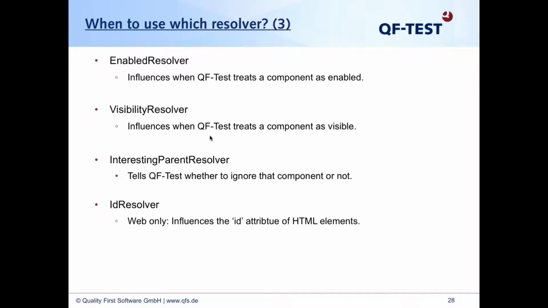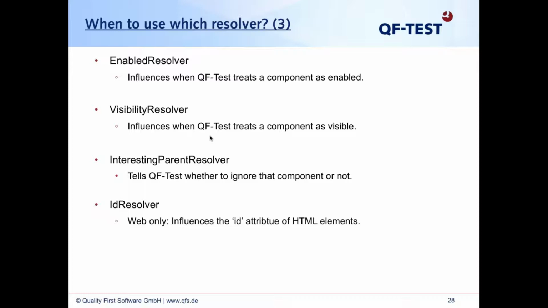Also, for example, if you have a web test, sometimes the visibility and also the enabled state of a node are made up of non-standard attributes. Normally QFTest checks for an enabled CSS property of a component to see if this web component is enabled or not.